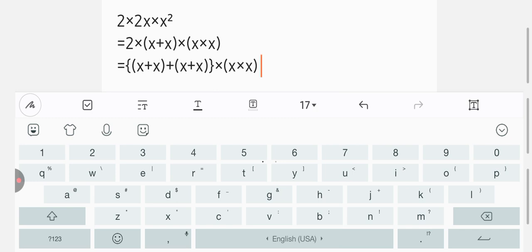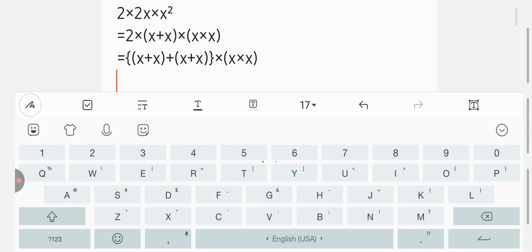Or let's take a simple one: 2 times 2x means 2x plus 2x, right? Now 2x plus 2x is 4x, that is x plus x plus x plus x. Let's just first finish it. Now we get the second bracket because of multiplying it with the first two, right?